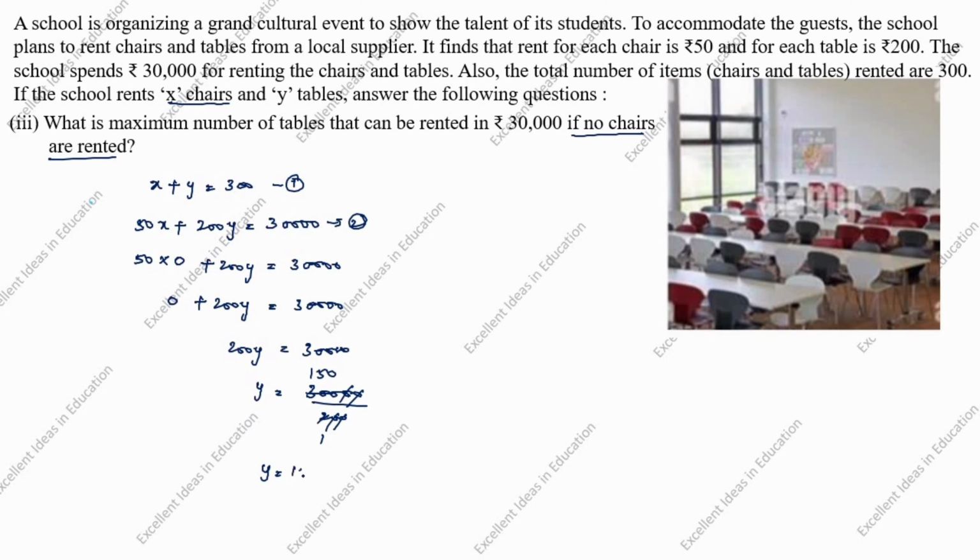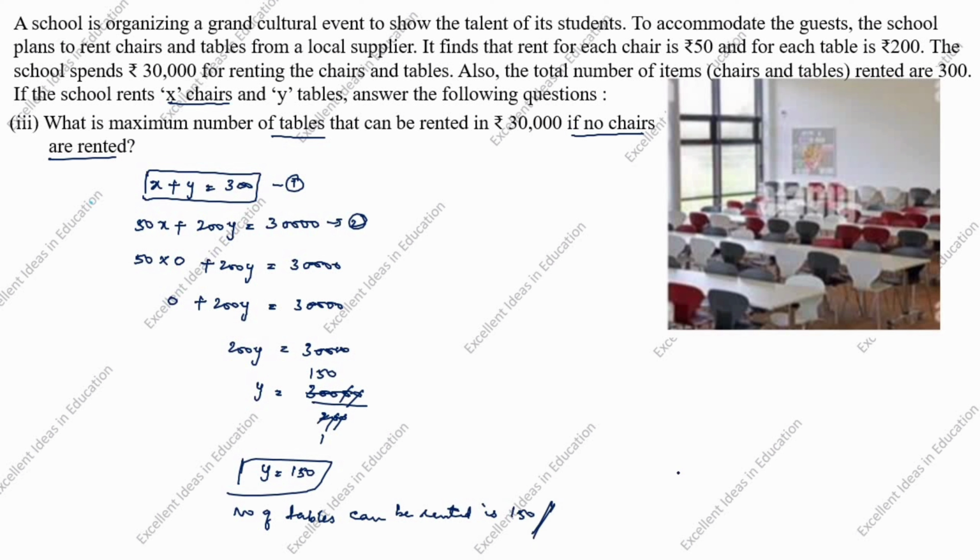Y is equal to 150. In this question, no need to take the first equation. We will calculate only the maximum number of tables. So y is the number of tables. So number of tables can be rented is 150. This is the answer for third question.